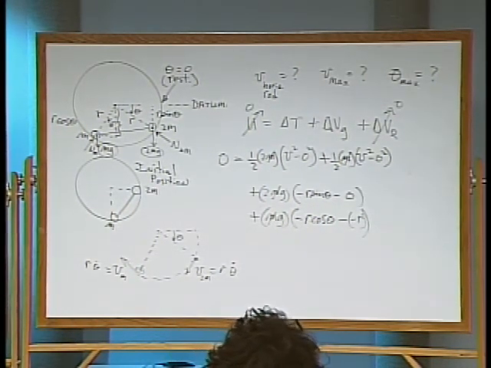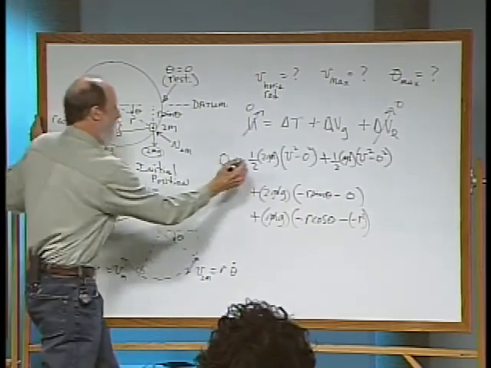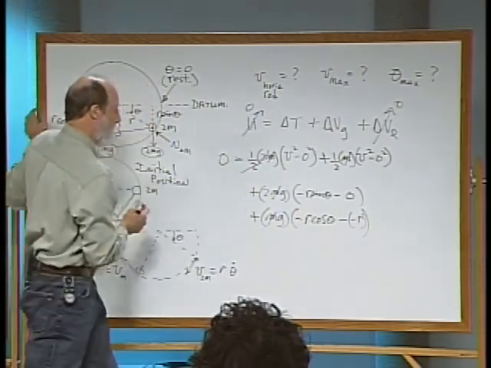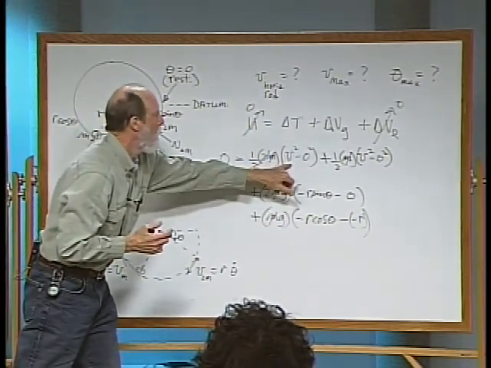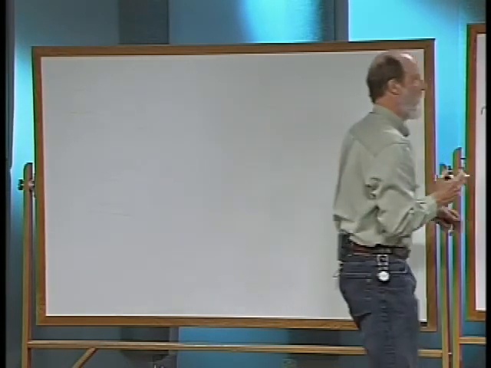So what do we have? Oh, and we could lose, I guess, this pair of 2's. And then we have v squared plus a half of v squared. So that looks like 3 halves v squared.